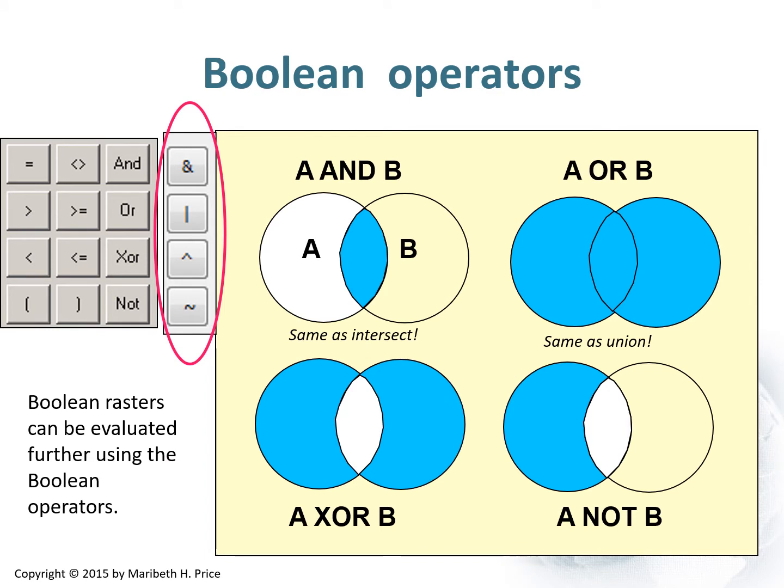There are lots of different Boolean operators, and divided by, raised to the power 2, different things. These are the things that we use for intersect and union, A and B, A or B, or A and not B. There's tons of these, and the tutorials in the chapter will walk you through a lot of these exercises.